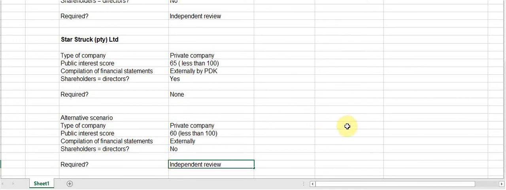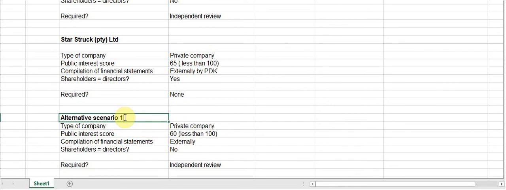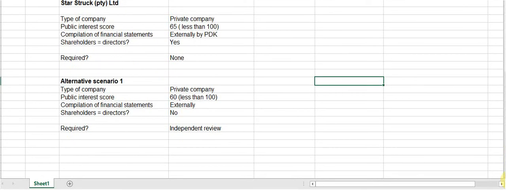Other questions that may come up with you, I'm going to call this alternative scenario 1. So this isn't necessarily in the required part.